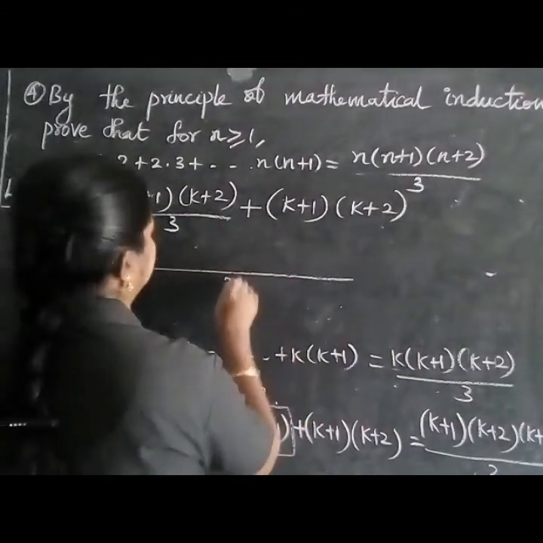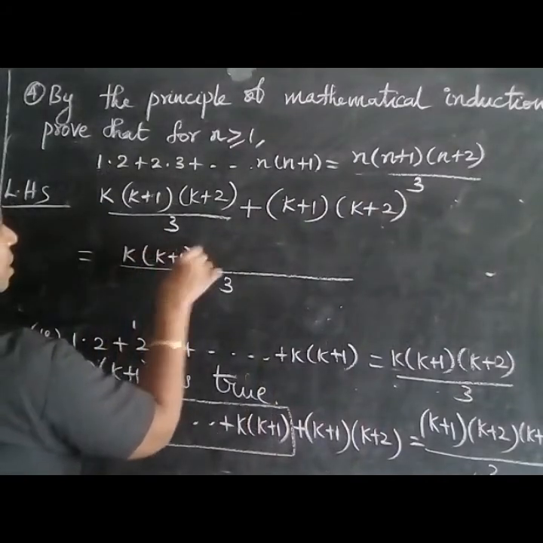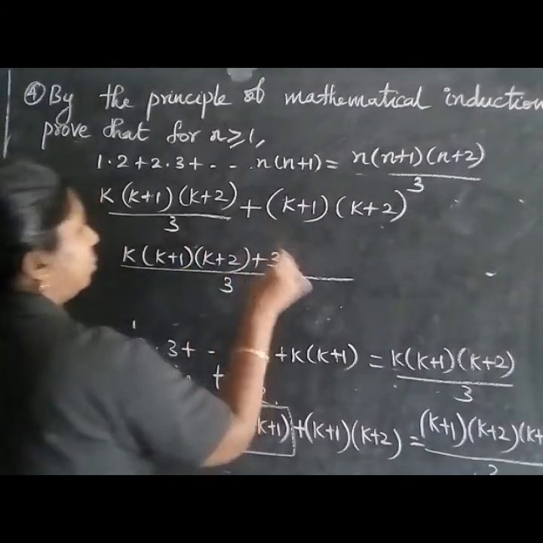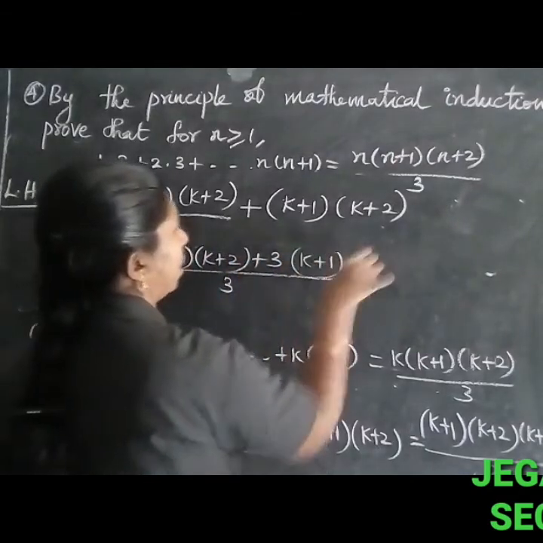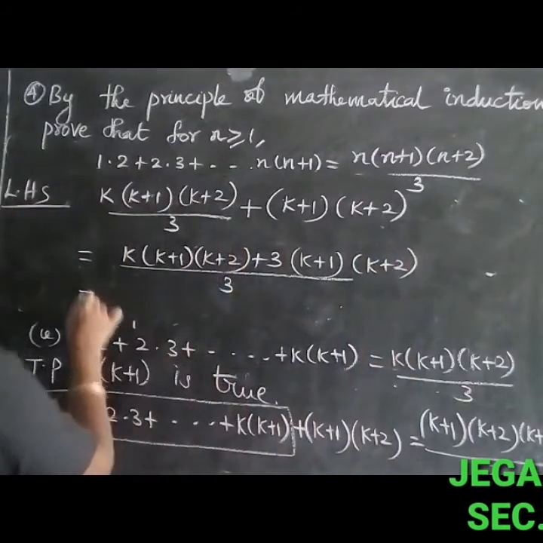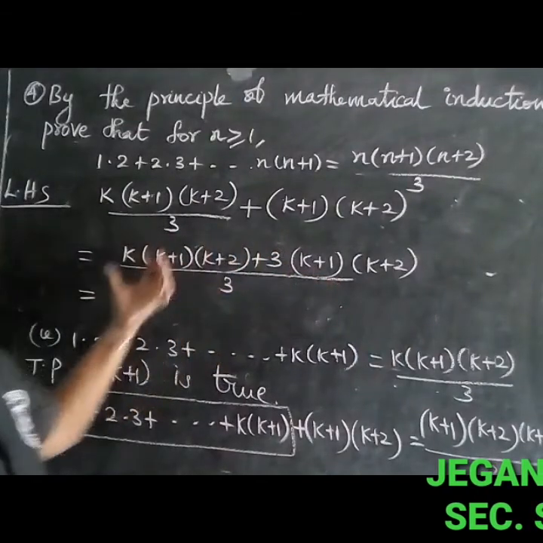Taking 3 as LCM: k into k plus 1, k plus 2 plus 3 into k plus 1, k plus 2. Next step we can factorize this sum. Take the common terms outside.